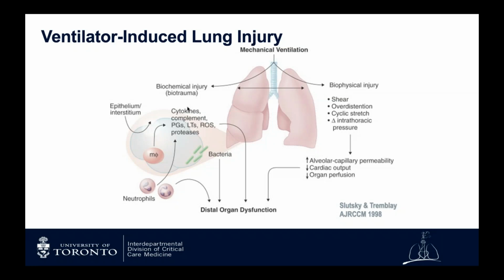And 25 or 30 years of translational research from bench to bedside and back again has shown us that ventilator-induced lung injury can occur if we're not extremely careful about how we're treating these fragile lungs.